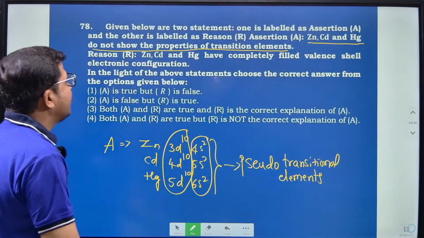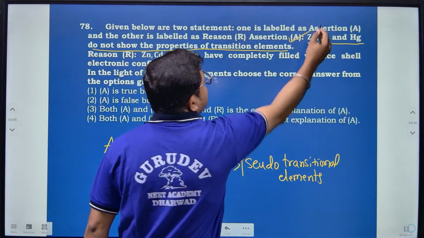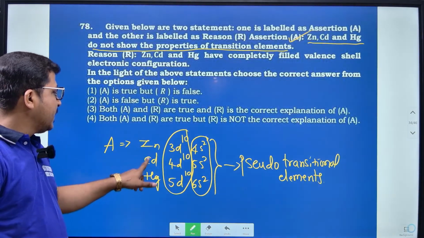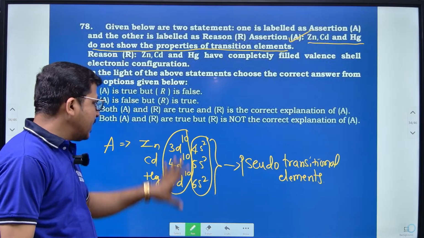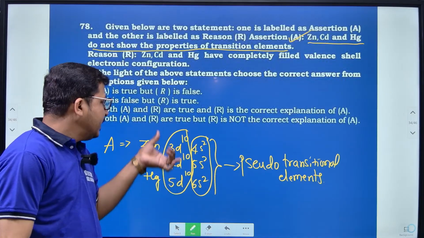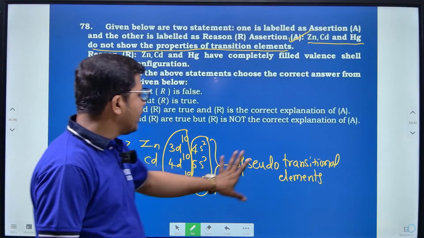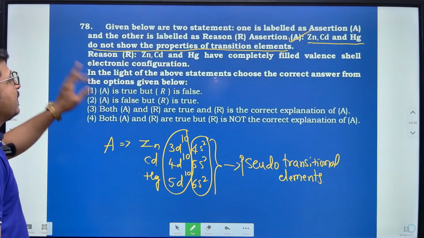Therefore, the first option is, the assertion is right. See here, zinc, cadmium and mercury, even in their common oxidation state as well as in their atomic state, show d10 configuration, hence they are considered to be pseudo transitional elements, hence the assertion is right.